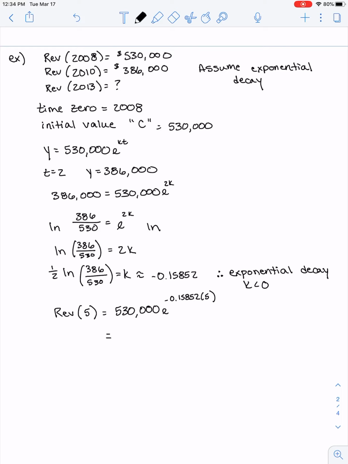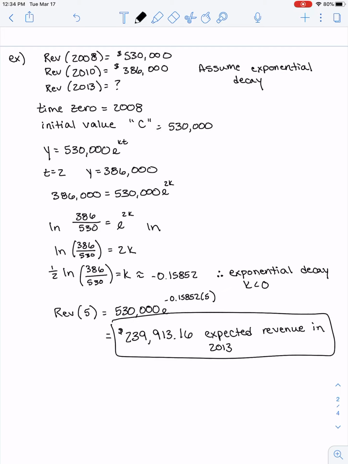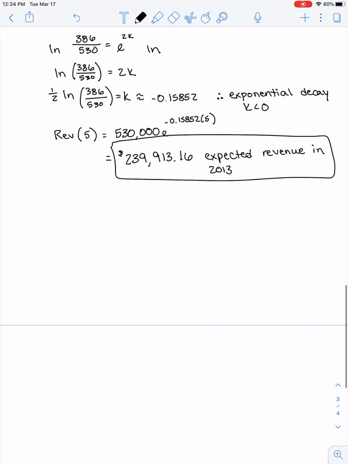So if we plug this in, we get $913.16 expected revenue. There we go. And let's do the last example of this one.